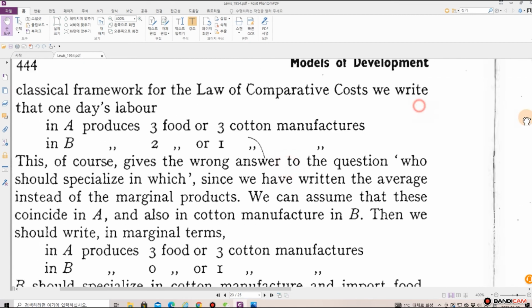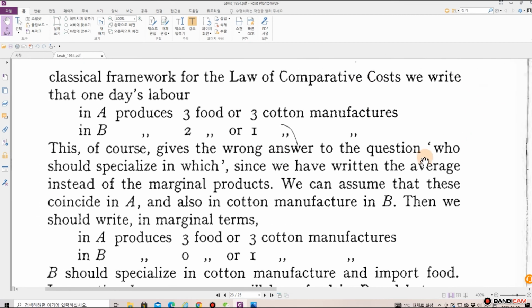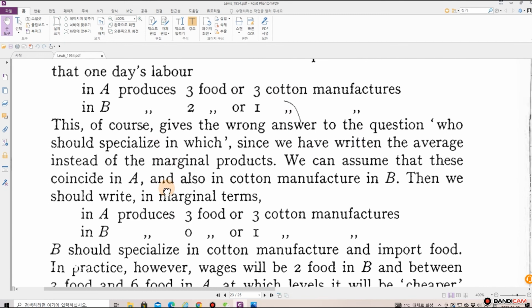Using the classical framework for the law of comparative costs, we write that 1 day's labor in A produces 3 food or 3 cotton manufactures, in B produces 2 food or 1 cotton manufactures. This, of course, gives the wrong answer to the question who should specialize in which, since we have written the average instead of the marginal products.